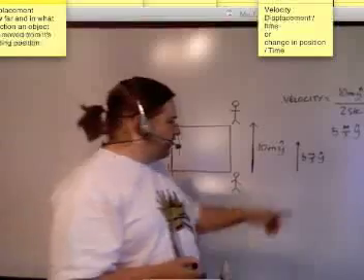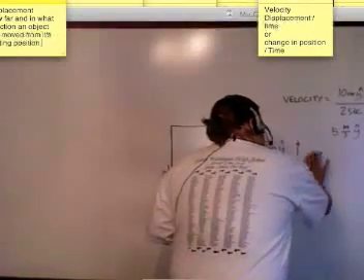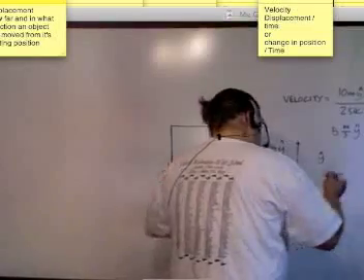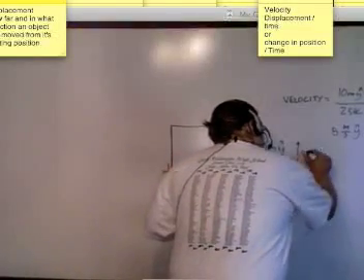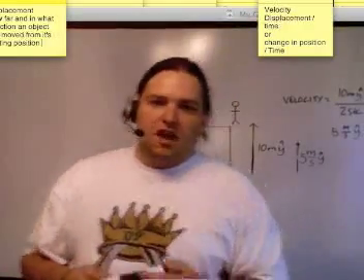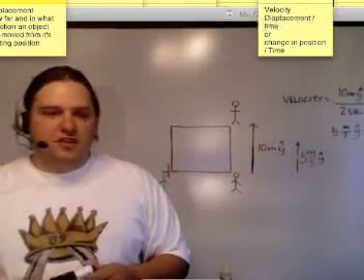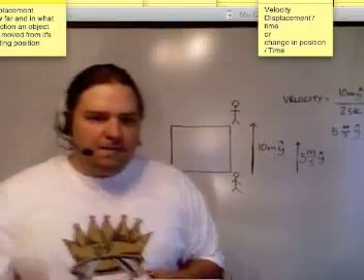Okay? So that's 5 meters per second. I could probably write that a little bit bigger so you can see it. 5 meters per second in the y direction. It's a graphical representation of velocity. Okay? Thank you.